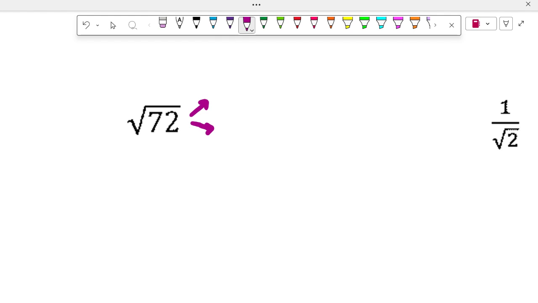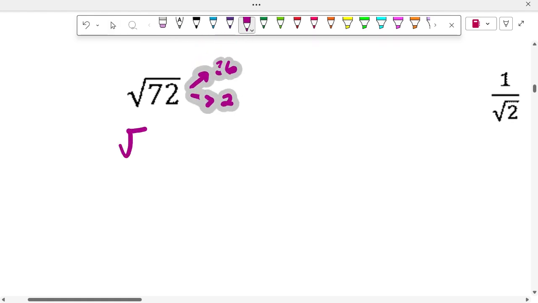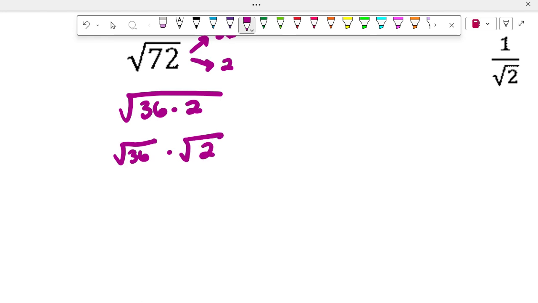So what is the largest perfect square that can go into 72? 36, and 36 times 2 is 72. So I can rewrite this as the square root of 36 times 2. I can separate that into the square root of 36 times the square root of 2. So what does it simplify down to? 6 square root 2.